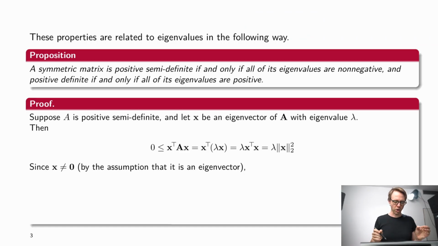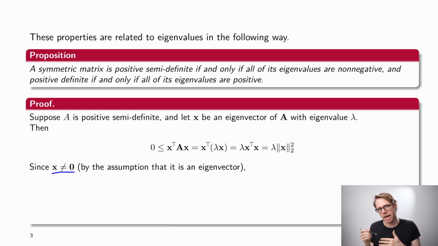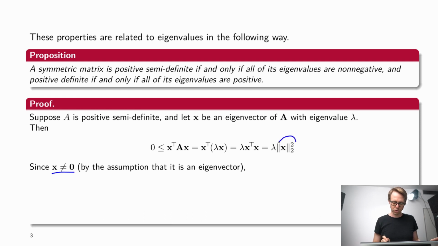And because the L2 norm is larger or equal to 0 for any x, and strictly larger than 0 for any non-zero x, and because we know that x is non-zero, since x is an eigenvector of A, the squared L2 norm is larger than 0.